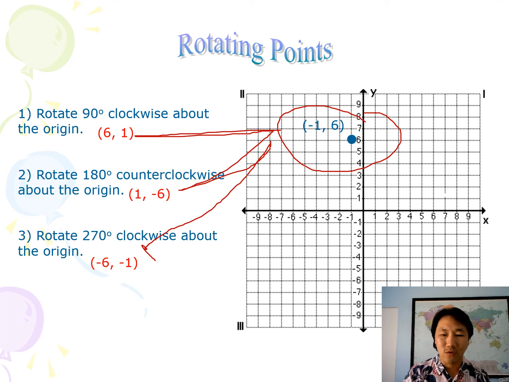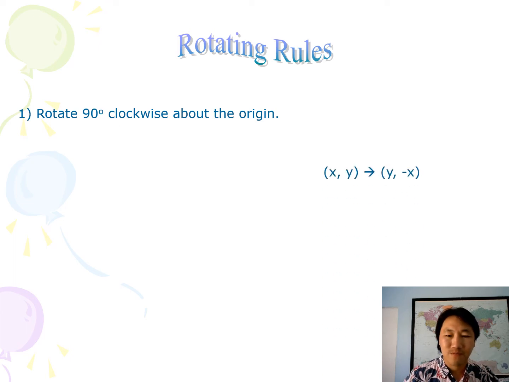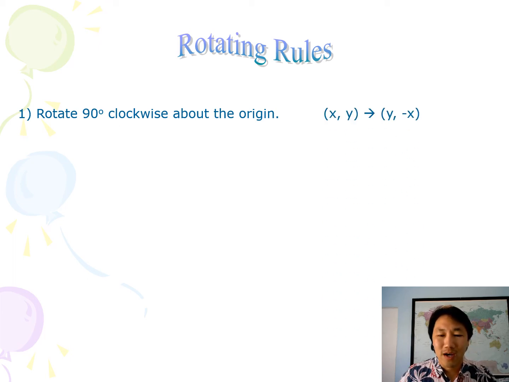So let's go ahead and go over those rules right now. Rotating rules. When you're rotating 90 degrees clockwise about the origin, and this only works if it's around the origin, your X and your Y are your original points, but your new points, you actually flip the X and the Y, and then you change the sign for the X.